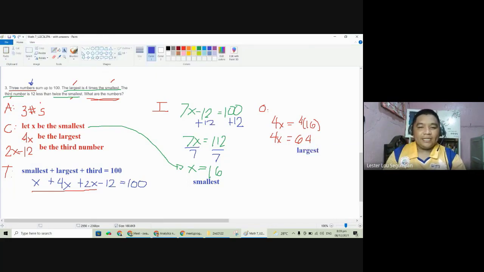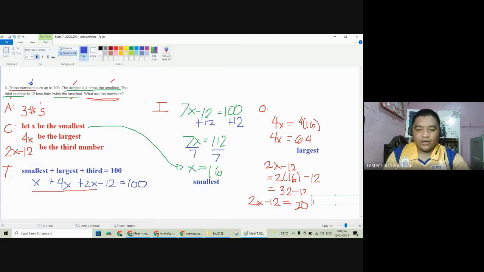As for the middle or the third number, we have here the expression 2x minus 12. So when we solve this, that's 2 times 16 minus 12. 2 times 16 is 32 minus 12. So 2x minus 12 with the value of x being 16 should be 20. This is the value of your third number.